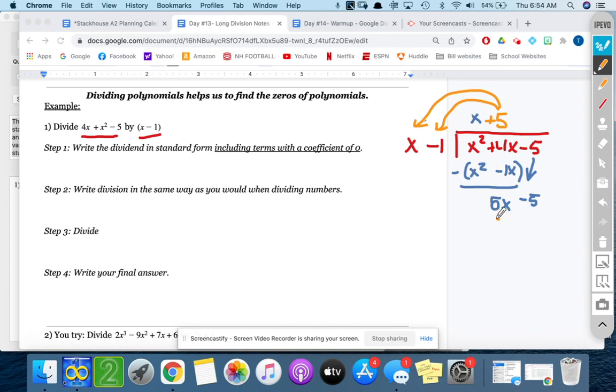So 5 times x is 5x. 5 times negative 1 is negative 5. And like before, I'm going to put my subtraction in parentheses. 5x minus 5x goes away like it should, because that's the point. And now negative 5 minus a negative 5, because minus minus becomes plus, I get a remainder of 0, meaning this right here is our final answer.